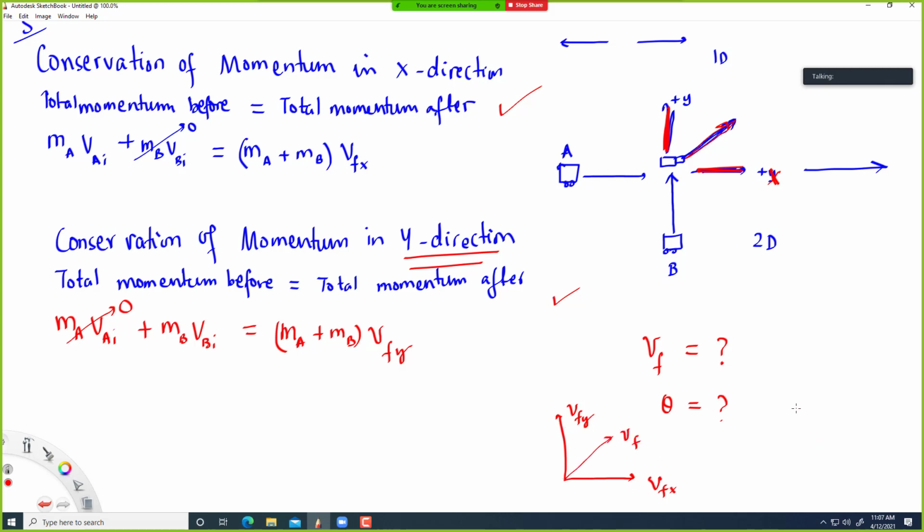Any vector, you can break into its x component and y component, and you can also combine these two to get the vector. So if you want, you can break down a vector into two components, or you can combine them. To break down, you write v cosine theta, v sine theta. That is how you break it down.